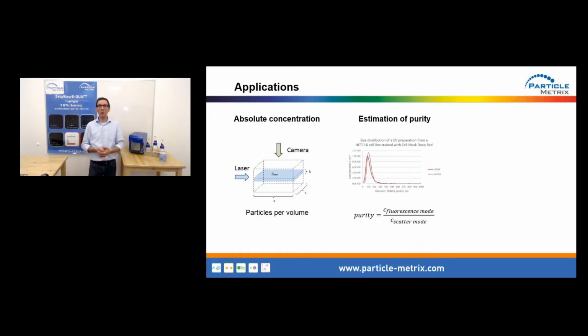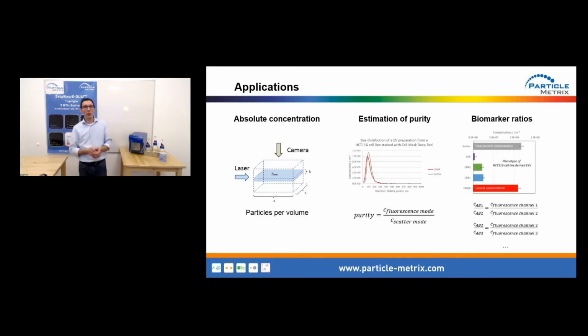This is a fluorescent dye, which specifically stains your sample. It can be a membrane dye, which is of course not so specific, but also an antibody. And by having both the scatter information and the fluorescence information, you have a measure of purity, which is a strong asset when you do characterization of your particles.